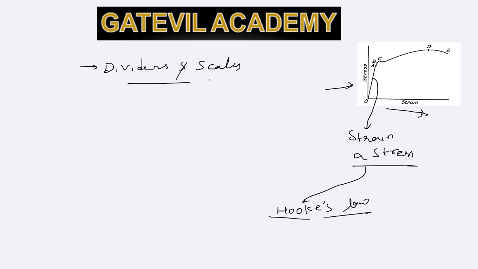Now with mild steel, there is an immediate drop as soon as the yielding occurs. So there are two yield points. One is upper yield point and there is lower yield point.